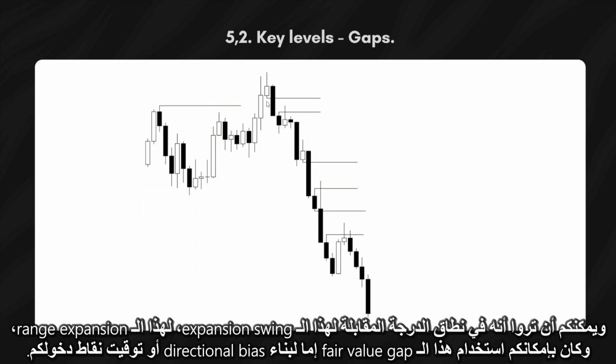You can see that it's in the opposing dealing range of this range expansion, and you could have used it for either building a directional bias or timing your entries.